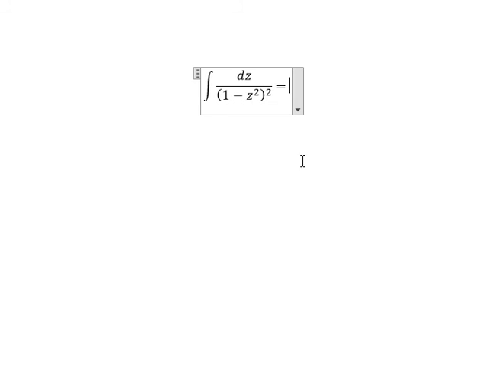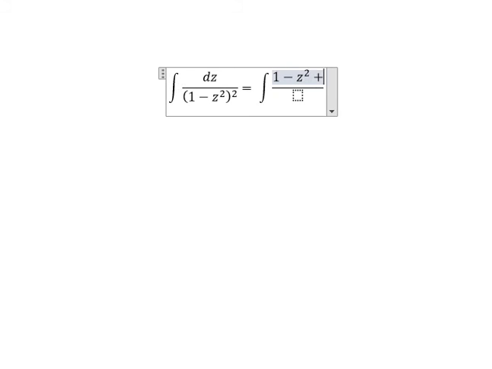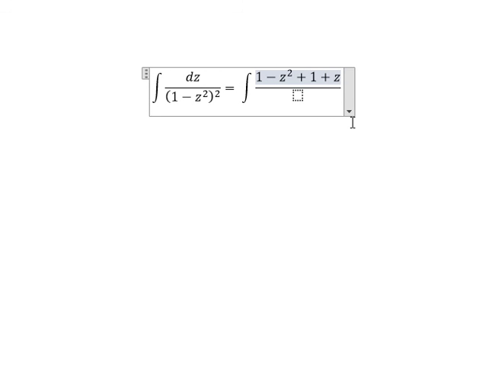In here we have the integral of 1 minus z square plus 1 plus z to the power of 2. This one and this one they cancel, so we have 1 plus 1 is 2, so we put 1 over 2 in here.